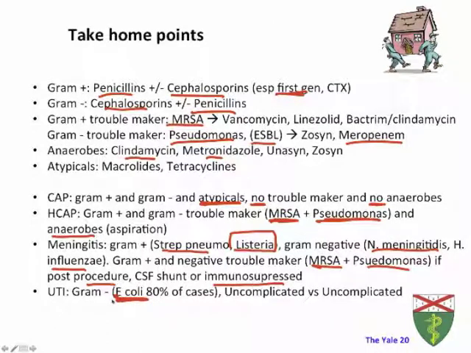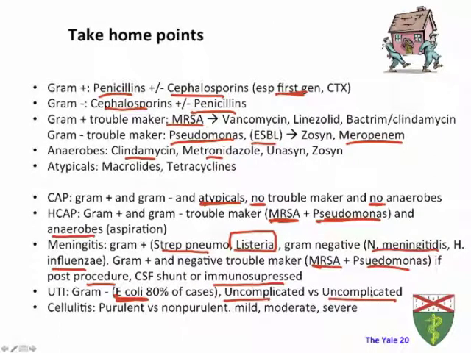In terms of duration of antibiotics and whether you use PO or IV, think about uncomplicated versus complicated UTI. Lastly, cellulitis, two big forks in the road: purulent, MRSA; non-purulent, strep; mild, moderate, and severe, and that helps you sort out what antibiotic to use.